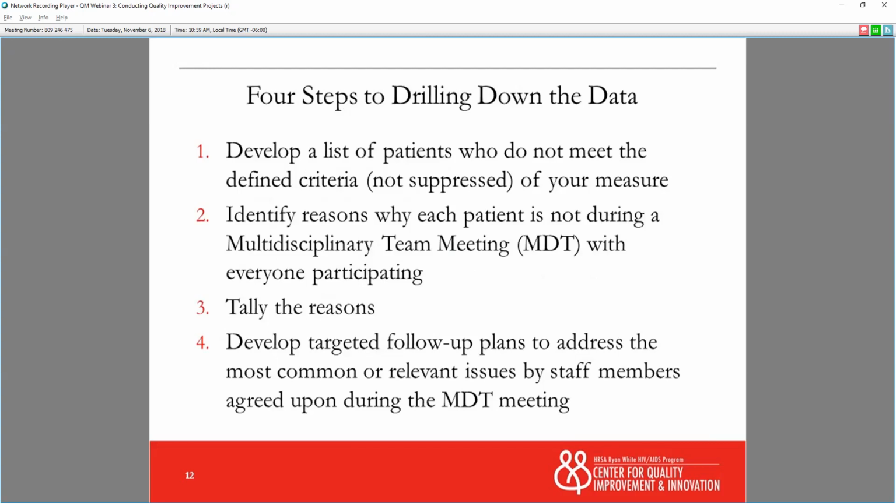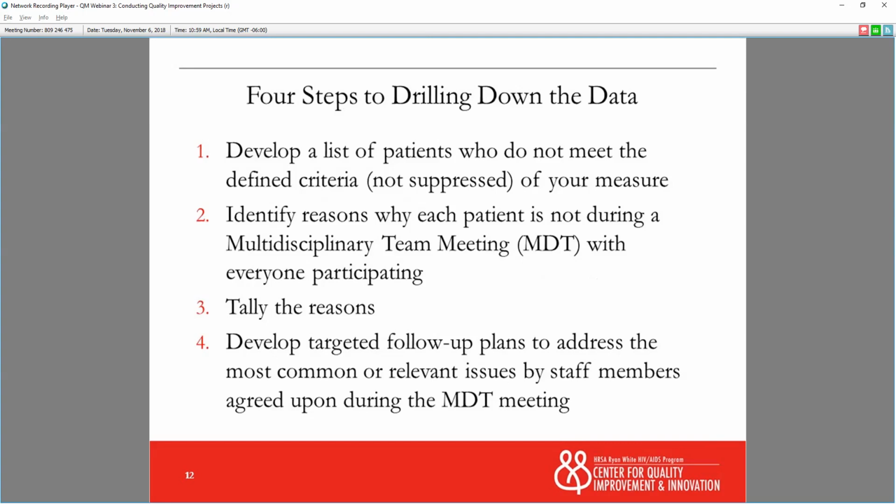So these are kind of an outline, 4 steps, basically. There's other things you can do too, but this is kind of a general, this is what you should be doing. And this one focuses a little bit on viral suppression, because I think nowadays we all want to focus on viral suppression.